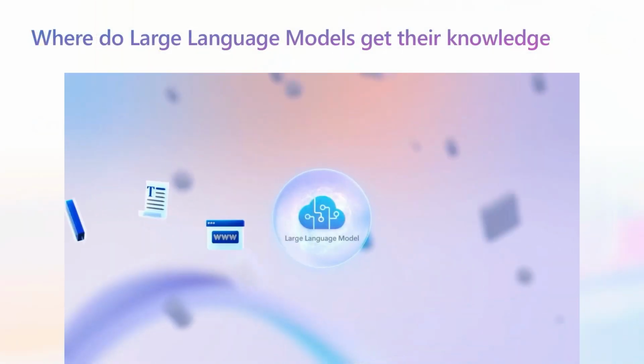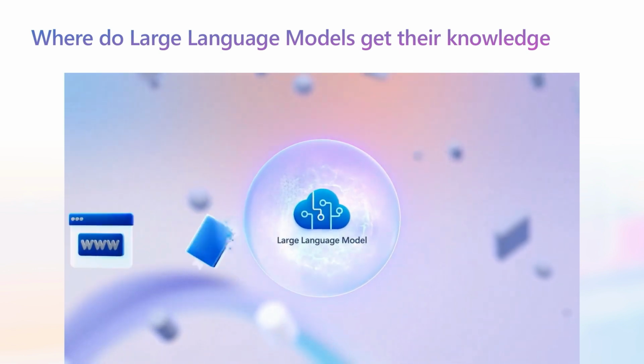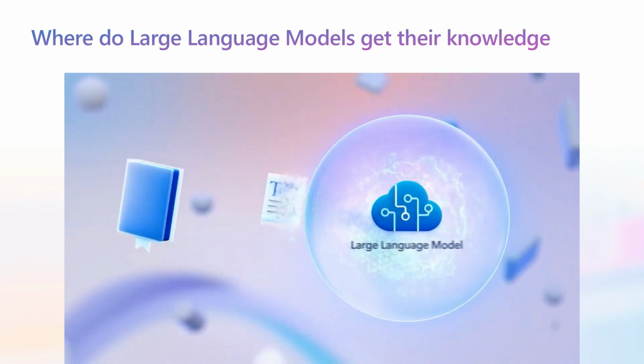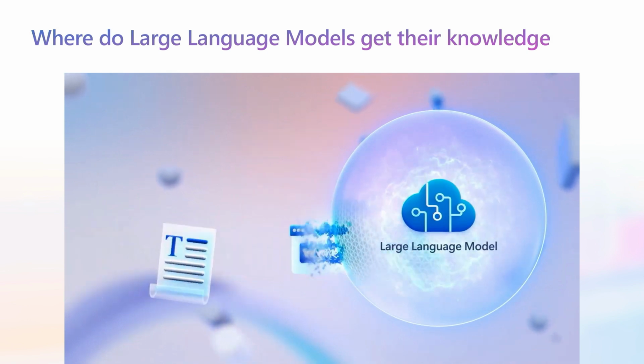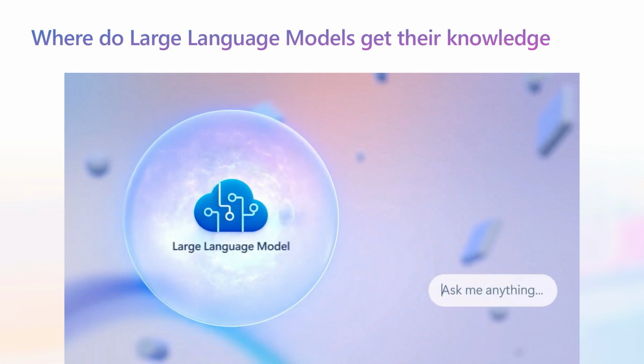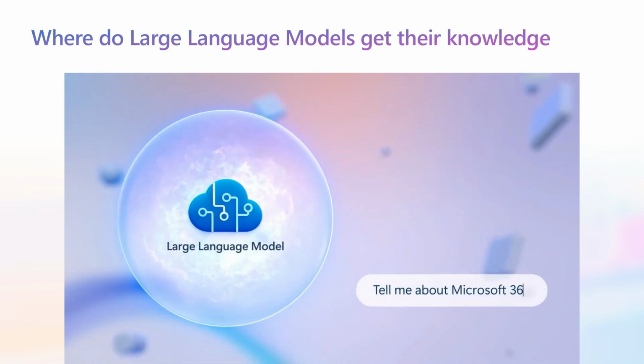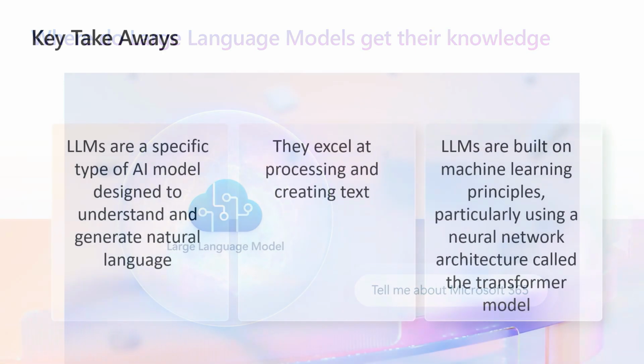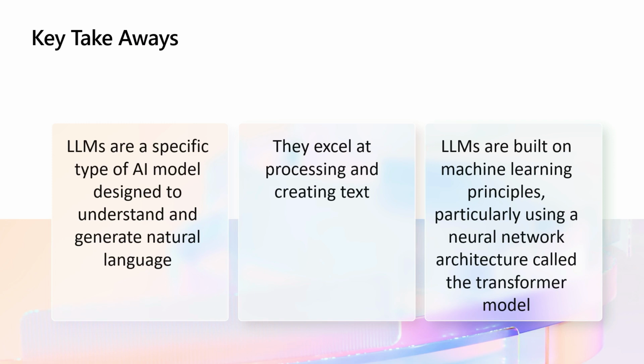First, let's look at where LLMs get their knowledge. They are trained on massive amounts of public data, including books, articles, and websites, to learn language, context, and meaning. You can interact with LLMs using natural language and a prompt. Before we get into the prompt itself, we want to make sure that you understand that LLMs excel at creating information, whether it be text or documents, and we'll get into examples of this.